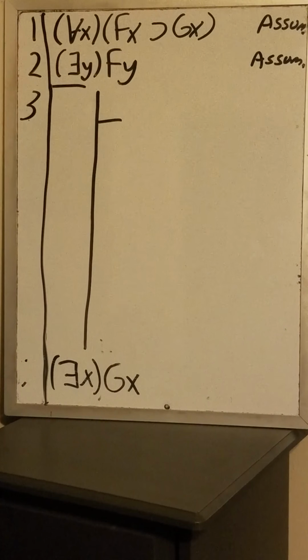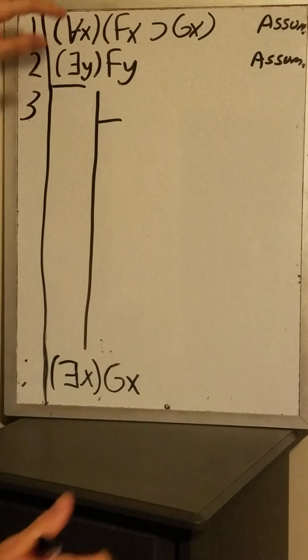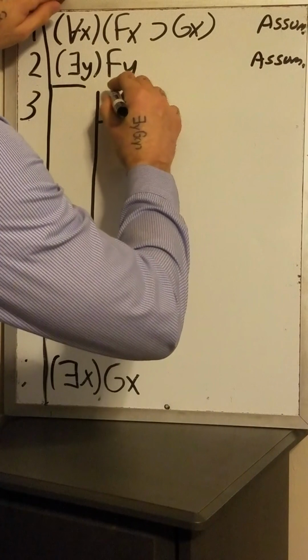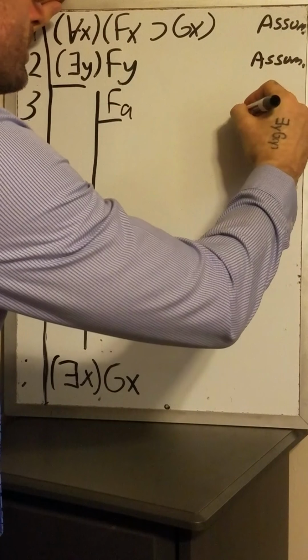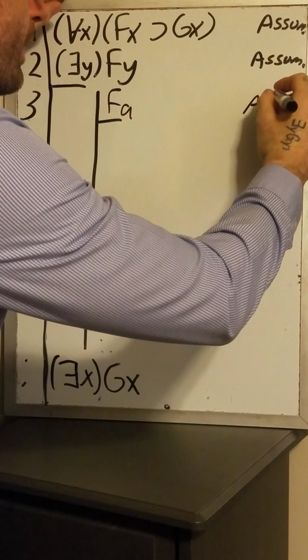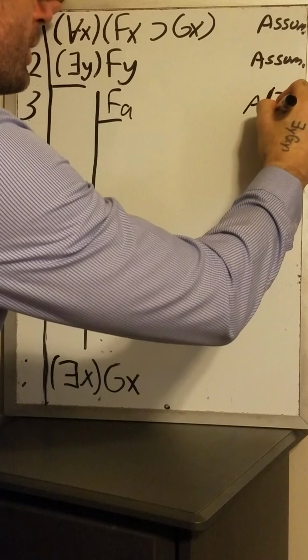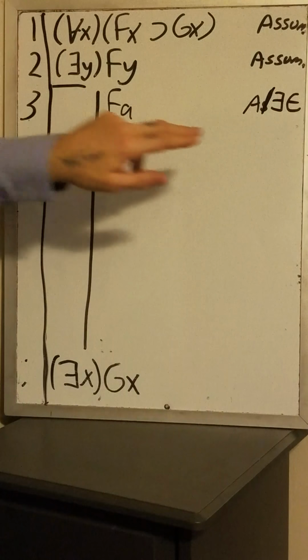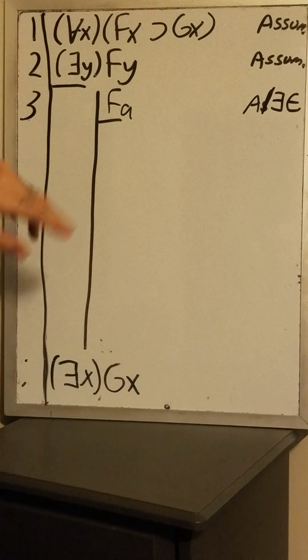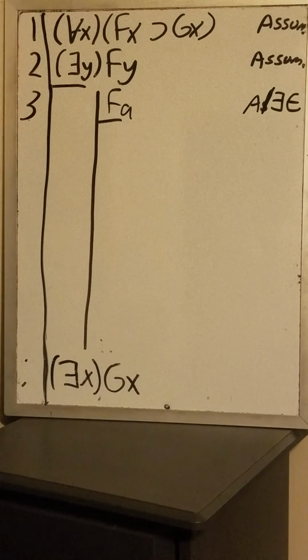So for this, we would assume, say, FA. This is assumed for purposes of existential elimination, because we eliminated the existential quantifier.